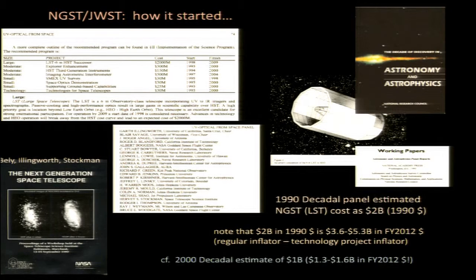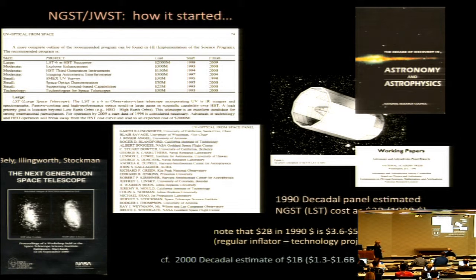But what was amusing from my view of this, especially having been involved in the budget crisis with JWST in the last few years, was we did an estimate as a group with some input from folks, and we thought $2 billion in 1990 dollars would be appropriate for a 6-meter passively cooled telescope.